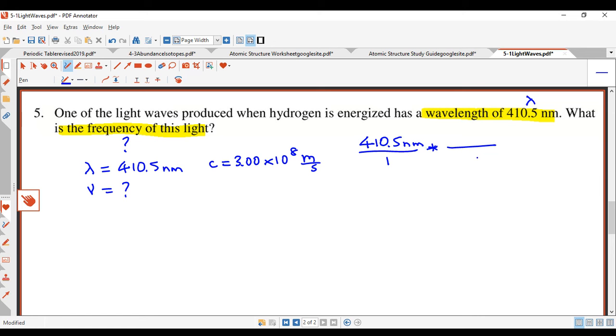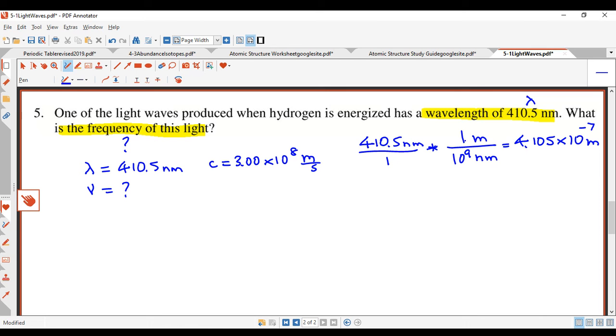To get rid of nanometers, we have to put that on the bottom. We have meters on the top. Now remember, meters is larger, that's going to have the 1, and there's 10 to the 9th nanometers in a meter. So let's plug that into our calculator, and we get 4.105 times 10 to the negative 7th meters.